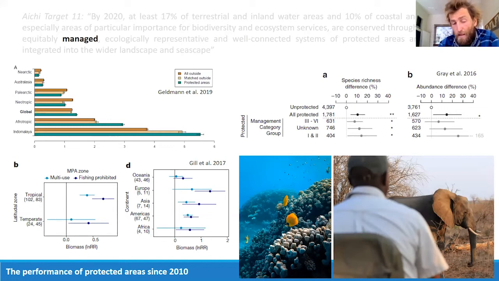A study of 603 protected areas found that households near protected areas with tourism opportunities had higher wealth levels and a lower likelihood of poverty than similar households living far from protected areas. So there's certainly quite a lot of potential there.